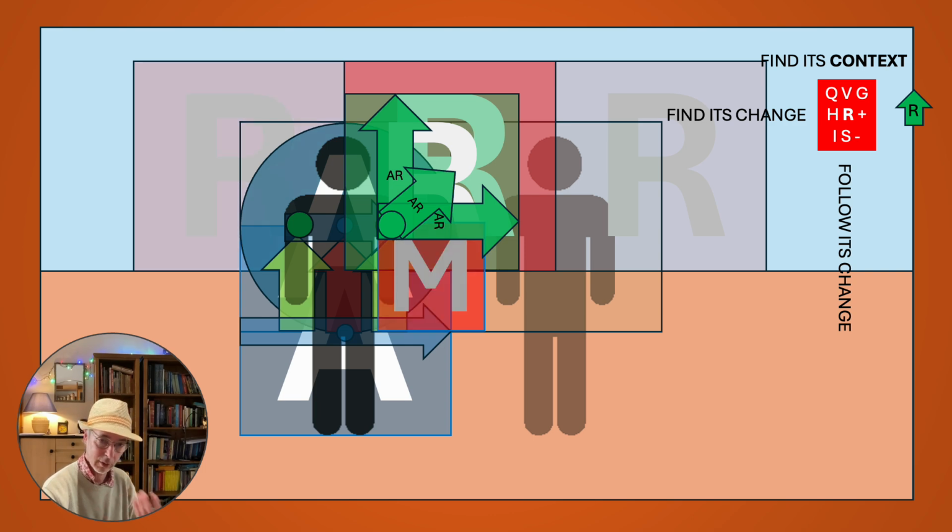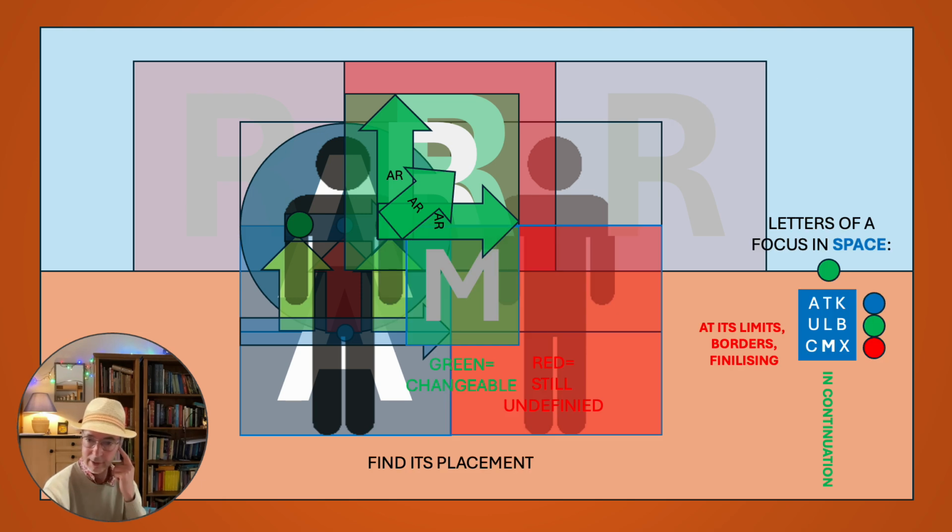The M continues from R and actually defines how far it will go, how far it will lead. It leads us back to the spatial frame. The M is in the definition of the spatial frames, and the M is in the last category. It's about limits, about finalizing, about borders, about how far shall I go.